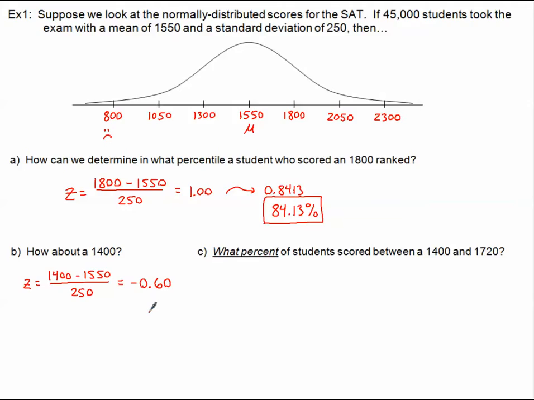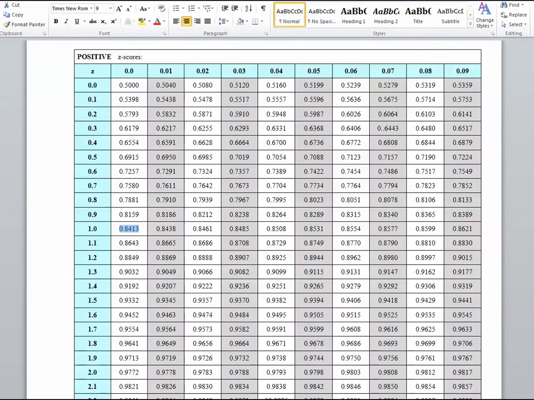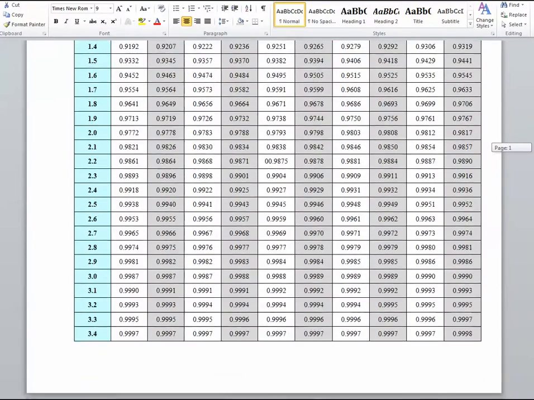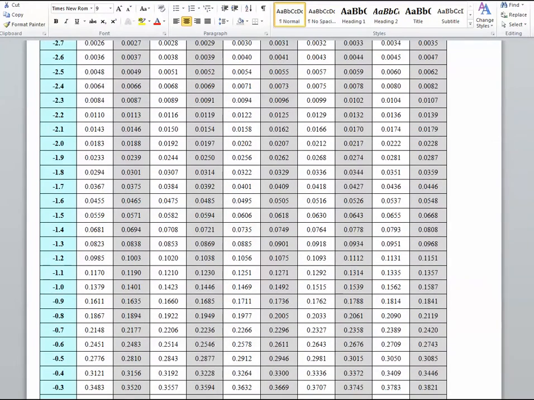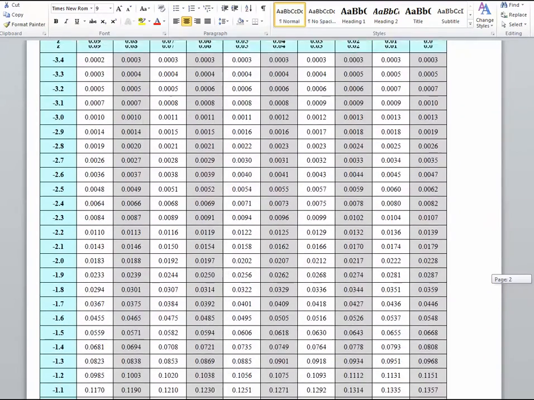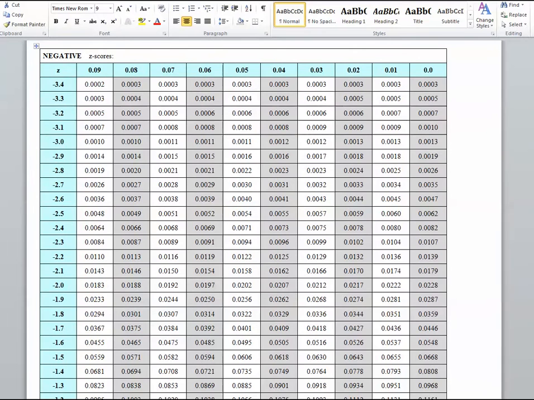So if I go to my chart, obviously I need to go into the negative area this time. Negative 0.60. Okay, so I see the negative 0.6. Now if I look way up at the top, don't forget, this is where 0.09 is. The 0 is all the way down here, so it's sort of backwards on the negative side.